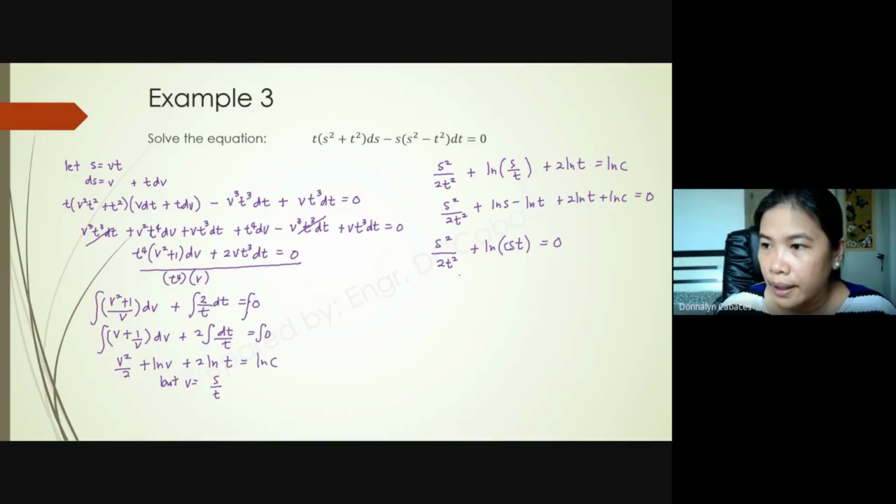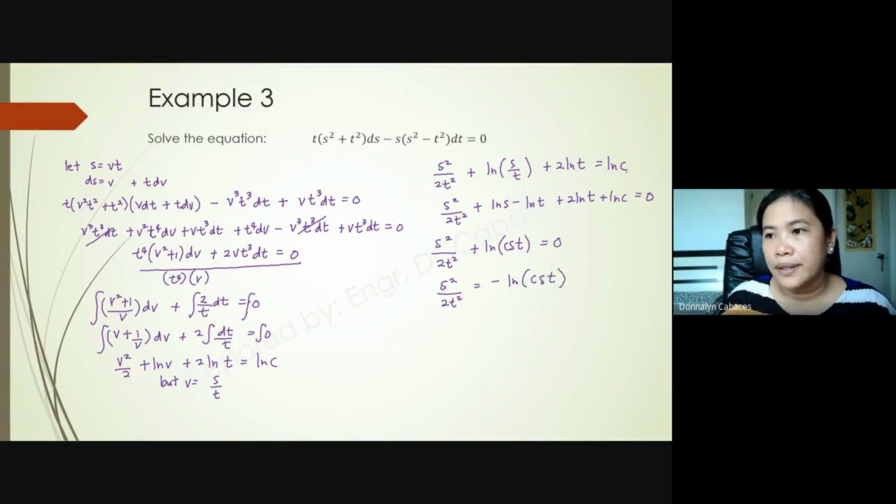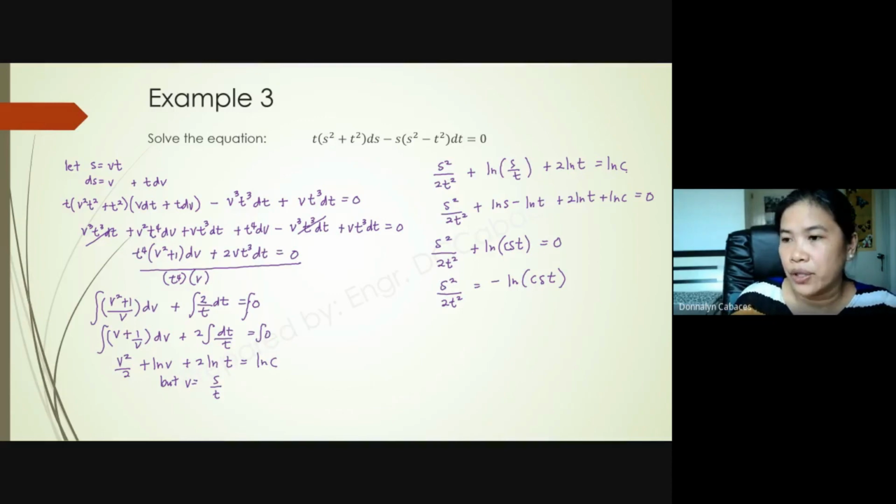Or you may say that s squared over 2t squared is equal to negative ln of c s t. And that is now the solution of this differential equation.